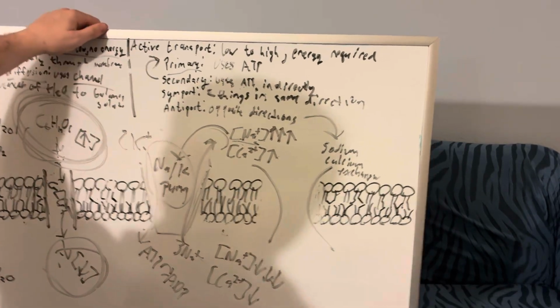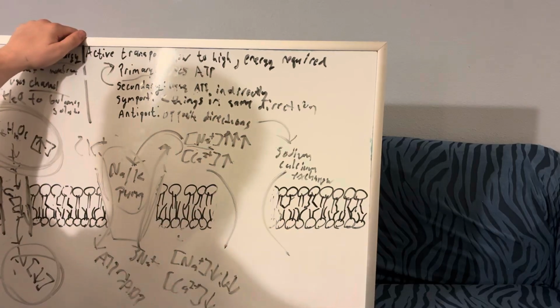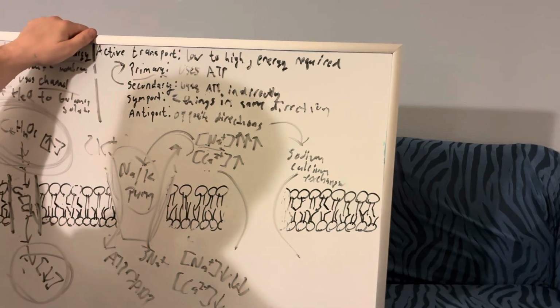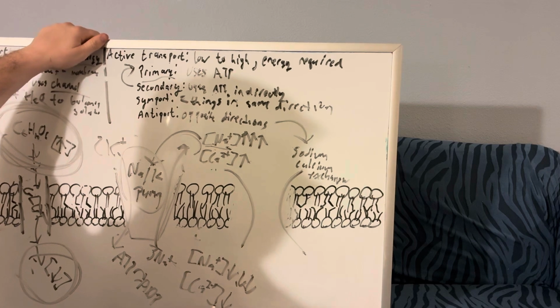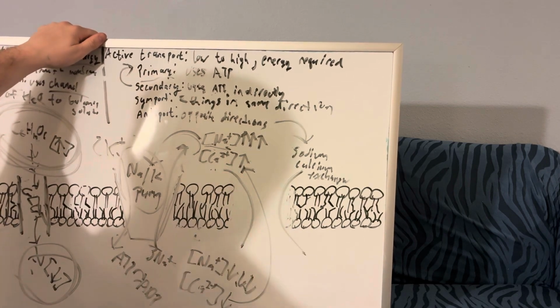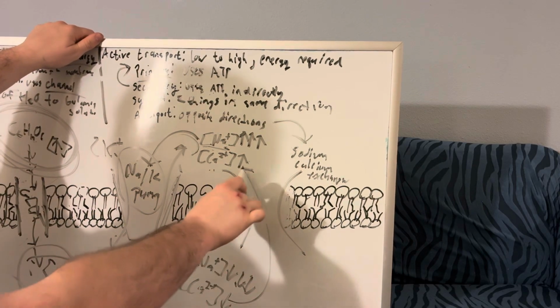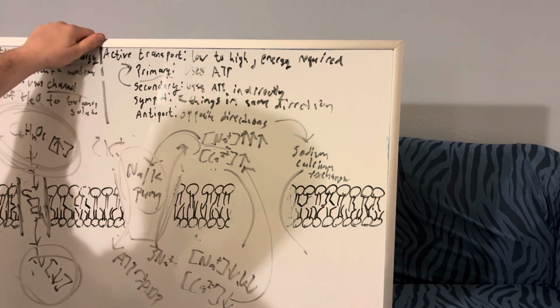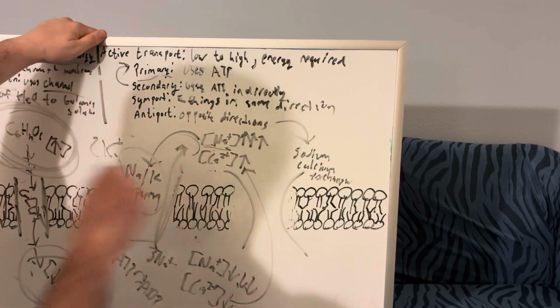So now that we have this super high sodium outside of the cell and high calcium, let's say that I want to take a calcium from inside the cell and move it outside of the cell. So I'm moving this calcium from a low concentration to a high concentration. That's active transport, and it's secondary. So we need energy for this.